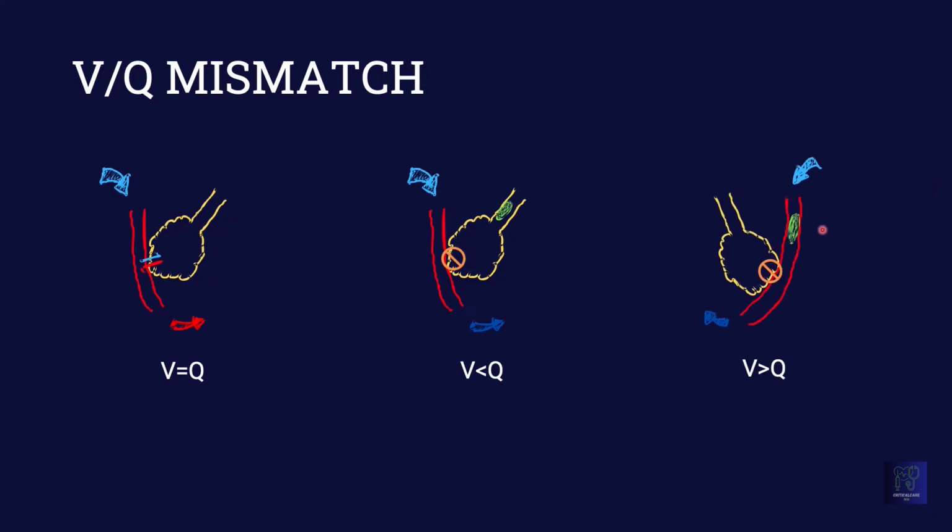Take the other example where gas flow through the alveolus is okay, but due to pulmonary vascular disease, let's say pulmonary embolus, there is decreased flow of blood through this capillary. So this alveolar capillary unit is not contributing much to oxygenation of the blood.